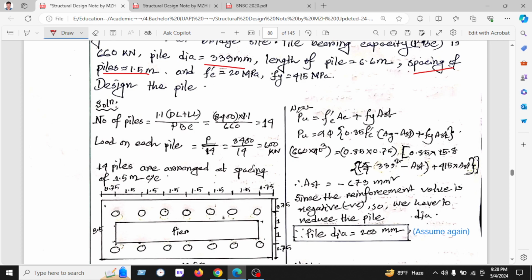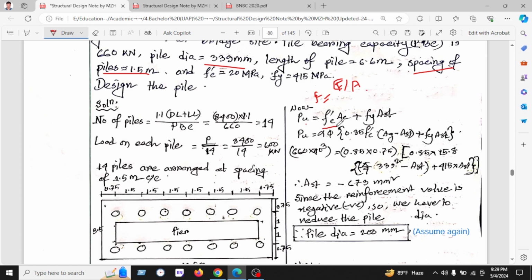Before doing the pile design, we have to ensure that stress equals force per area. So if we move the area to the left side, we get stress times area.